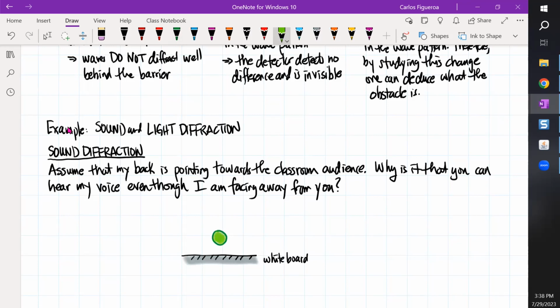And as I'm talking, the waves reflect off of the wall. So I imagine that the waves are reflecting off and they're now moving around my head. These guys are the reflected waves. This one right here is my head, and the audience is right here.